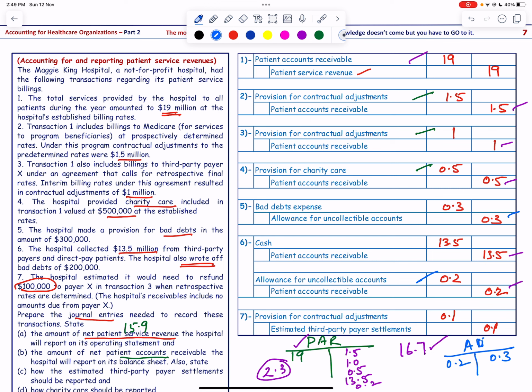So we have a balance of 0.1. So 2.3 minus 0.1, that will give us 2,200,000.